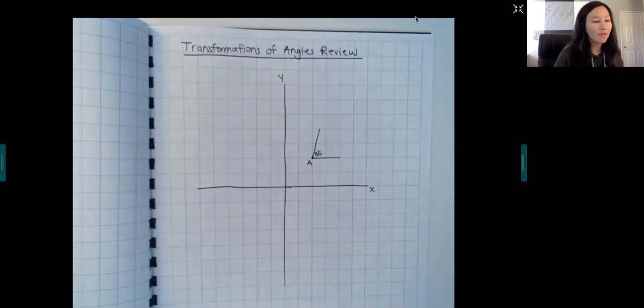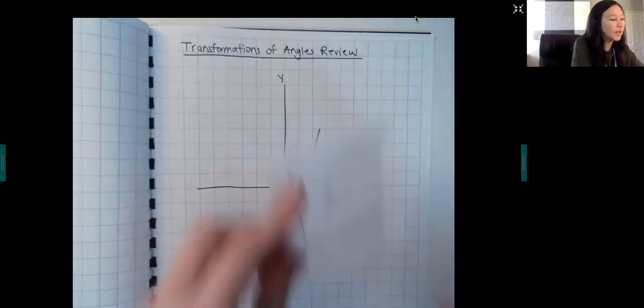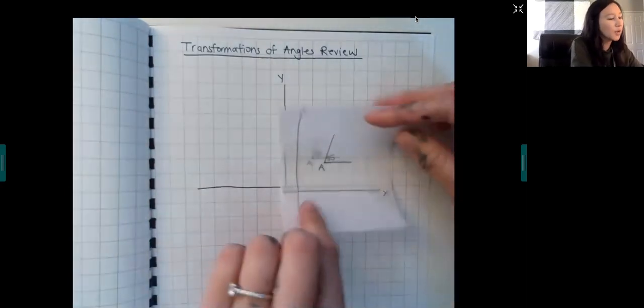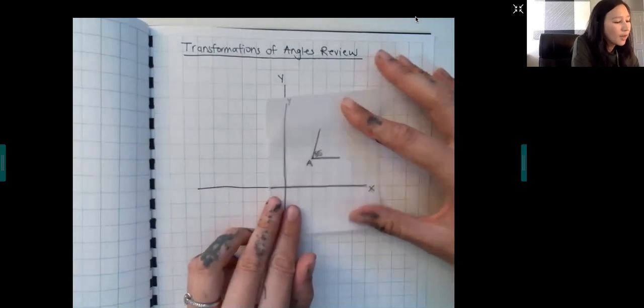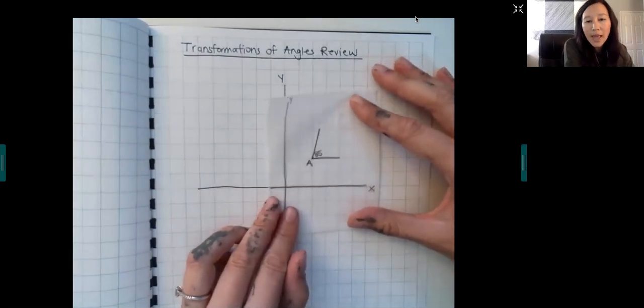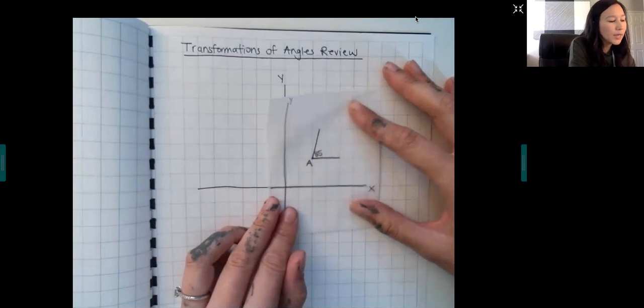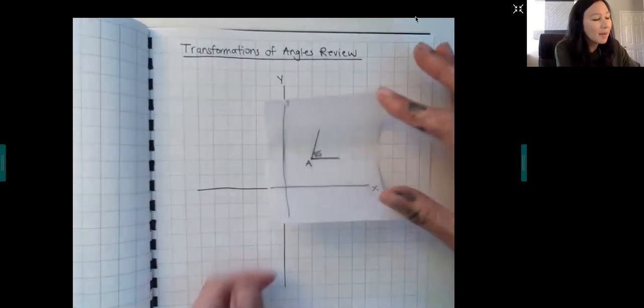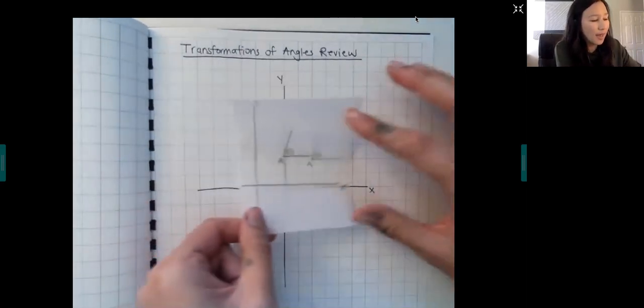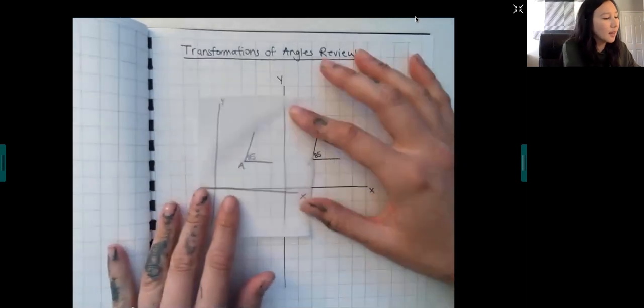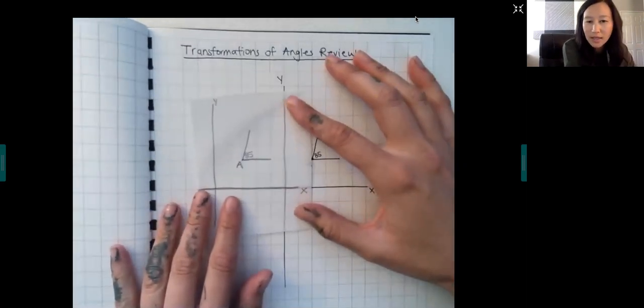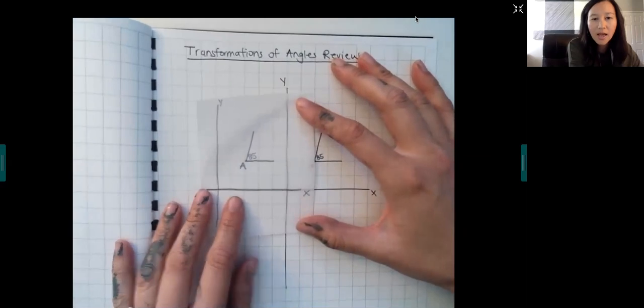It's still going to be 85 degrees because all you're doing, and I wanted to just show you, is here's the angle. I sketched it. When you do a translation, you're just picking up the angle and you're moving it. You're sliding it to the left. I can translate it to the left 4 units.